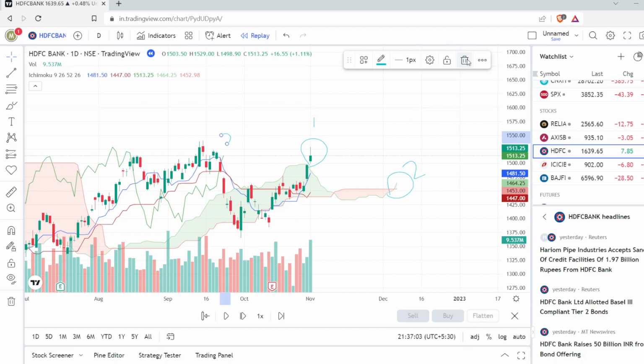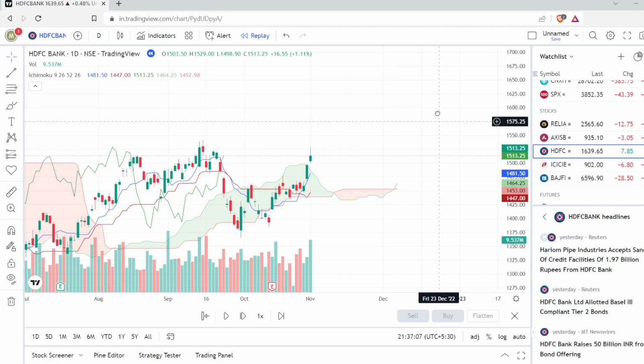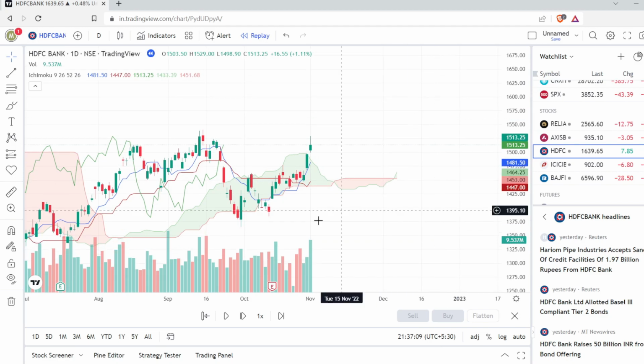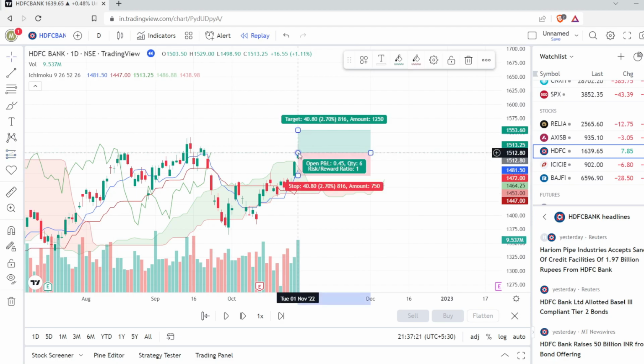And let us see what would have happened if you had bought HDFC Bank. Sorry, what would your stop loss and target be? Let us define that first. You would have bought it at, let's say the closing price was 15.12.